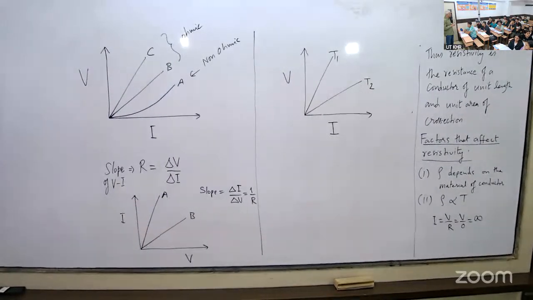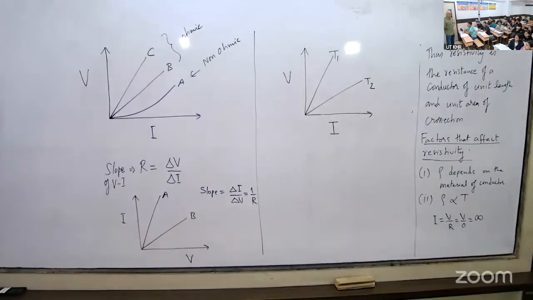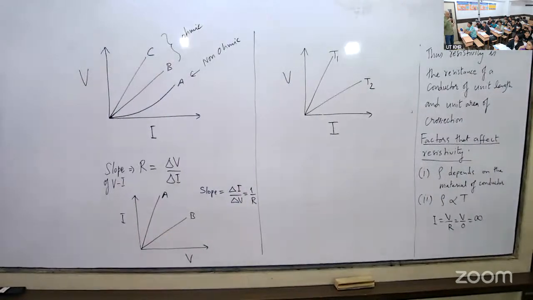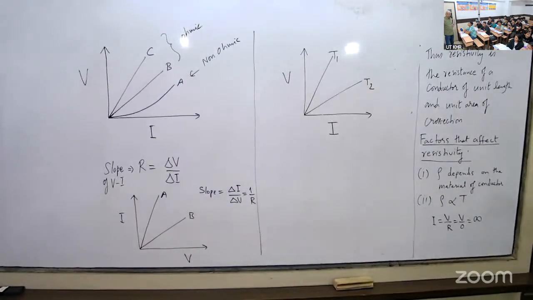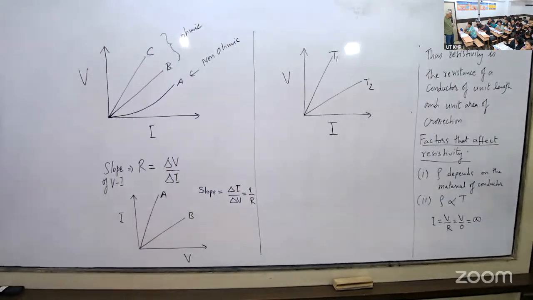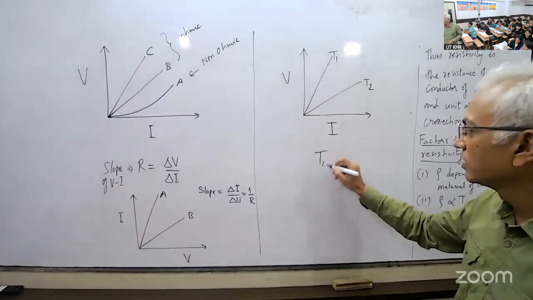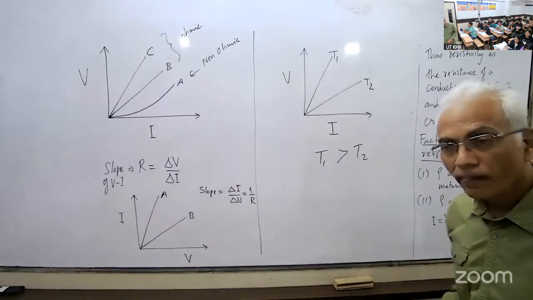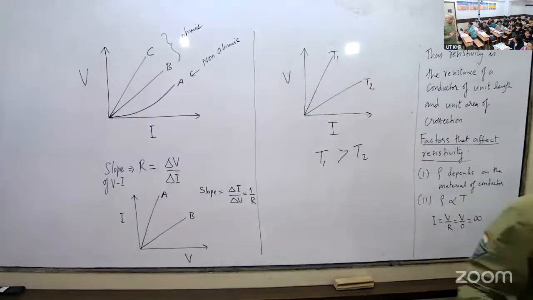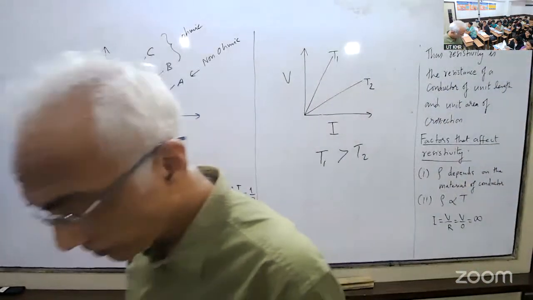T1 or T2? T1 has to be greater. Why? R is proportional to T. So higher temperature should have higher resistance. In this case, which is high resistance? Bigger slope, T1. Understood? So in this case, T1 is greater than T2. These are some of the questions that may be asked.